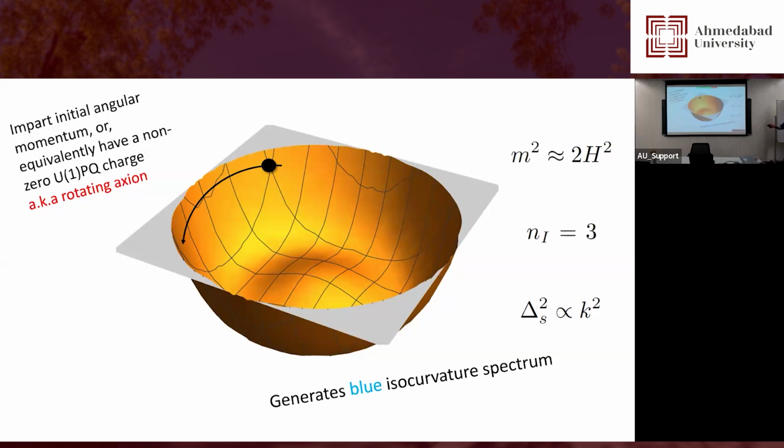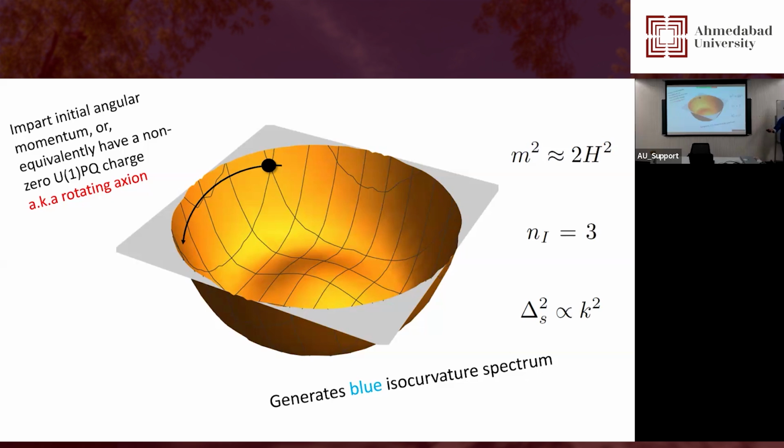And interestingly, this directly gives a very generic result. It results in the mass being 2H squared, no ambiguity there, and it essentially gives n_iso equal to 3. So the spectral index is fixed at 3. Once you give it a kick in the angular direction and make it go in a spiral motion instead of coming down, the spectral index is definitely 3. It doesn't change. The wiggle room to change away from 3 is very small.